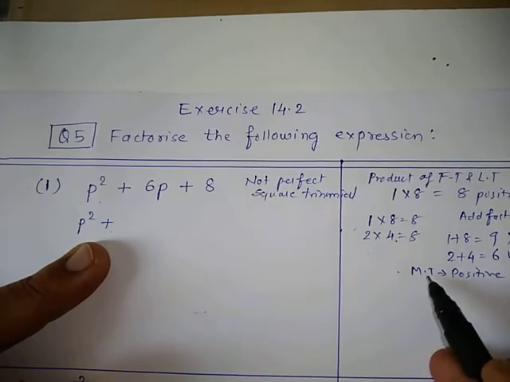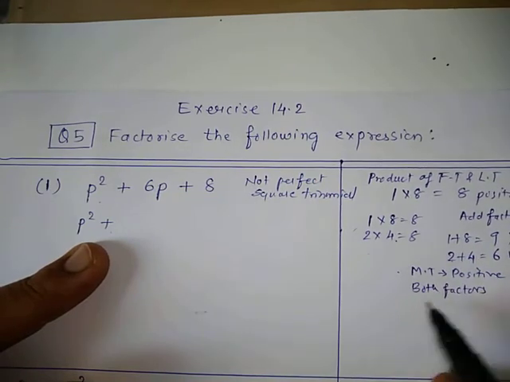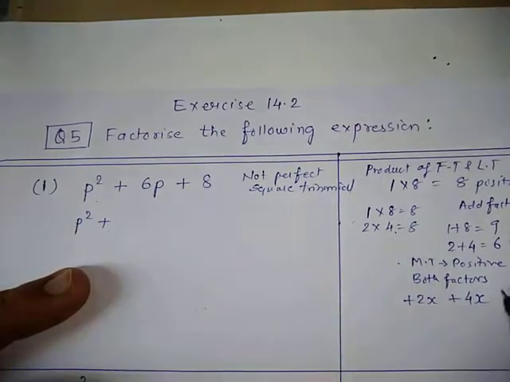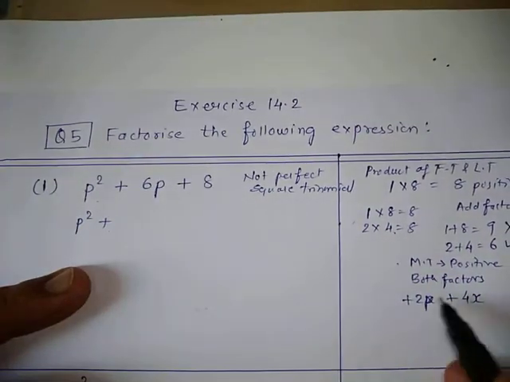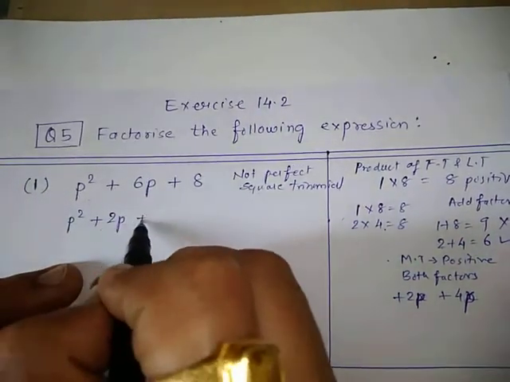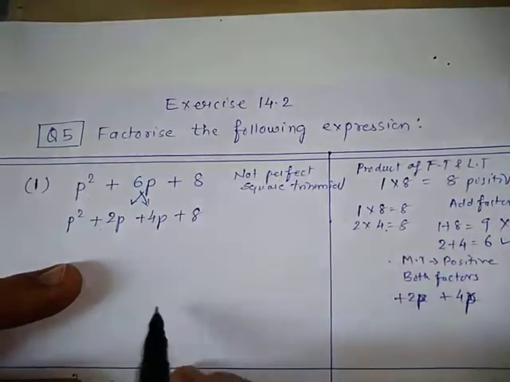Therefore p² plus 2p plus 4p, that gives the total 6p, and plus 8.